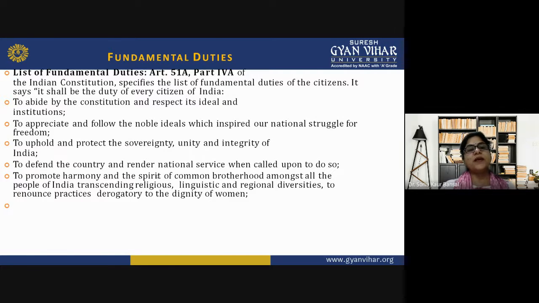It is about to abide by the Constitution and respect its ideals and institutions, to cherish and follow the noble ideals which inspired our national struggle for freedom, to uphold and protect the sovereignty, unity and integrity of India, to defend the country and render national service when called upon to do so, and to promote harmony and the spirit of common brotherhood amongst all the people of India, transcending religious, linguistic, and regional diversities, to renounce practices derogatory to the dignity of women.